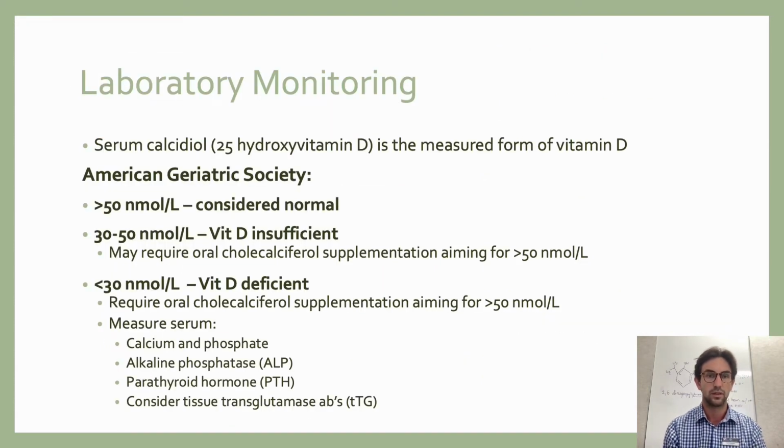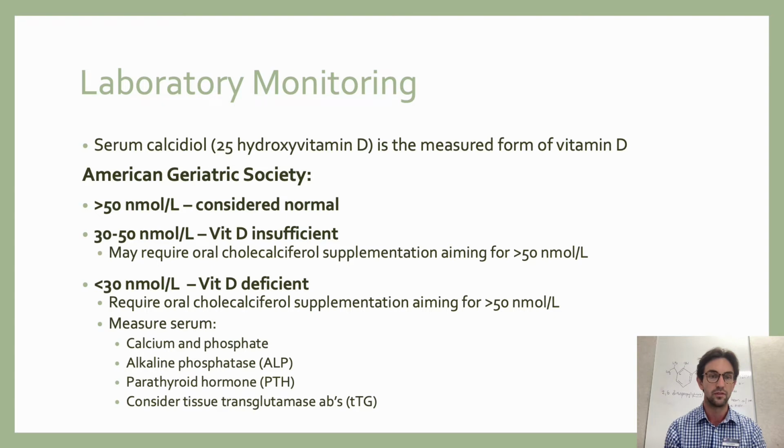So how do we monitor for vitamin D? Serum calcidiol, which is the most commonly circulating form, is the measured form of vitamin D. There are a variety of definitions. I think the most prominent one in the literature seems to be the American Geriatric Society. They classify anything greater than 50 nanomoles as normal.